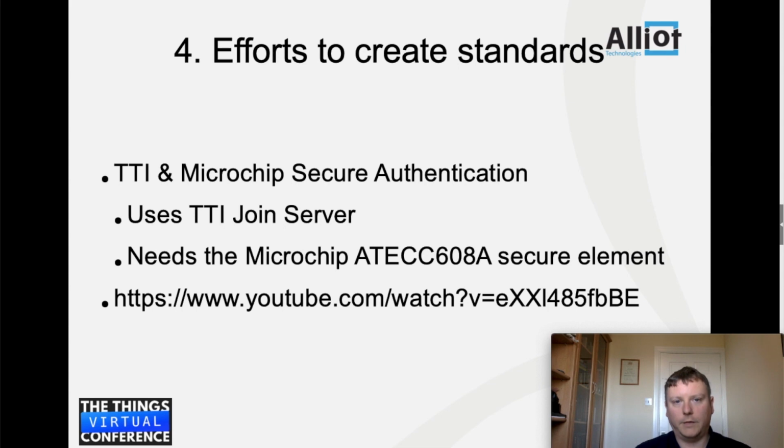One of the things they make is this Microchip ATECC608A secure element, which is a little chip that you can put onto a device if you're a manufacturer of a device, and then if you're using the TTI's join server, then it will talk to that join server and actually distribute the keys in a secure fashion there.